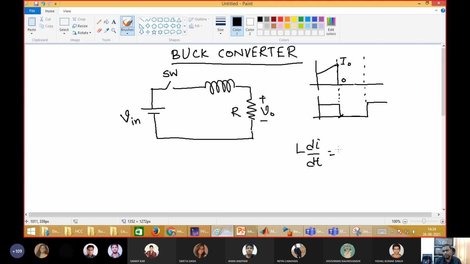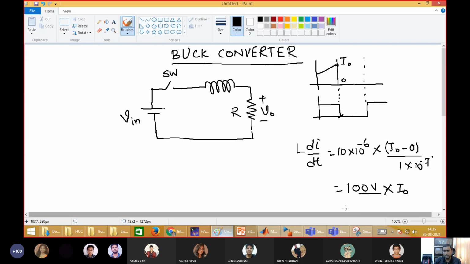L is say some 10 millihenry or microhenry, and then I0 minus 0 divided by say 0.1 microsecond, or 1 into 10 to the power minus 7. So the voltage will come as say 100 volt, or it might be something more, I0 into I0.